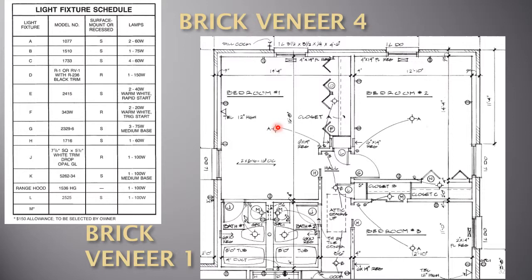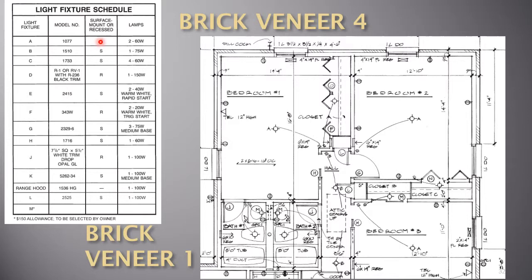Notice there's a little line drawn to the letter S. This is telling me that there will be a switch here that controls light A. Notice it calls out a model number, but we don't know right now what the manufacturer is of this model number.